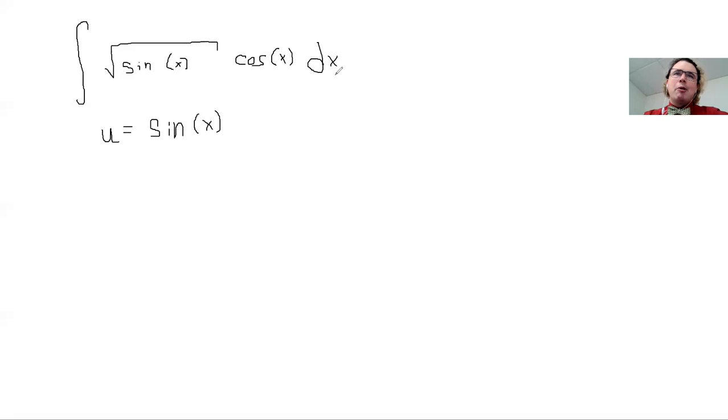It tells us what our variable is supposed to be, but it also carries extra information about how quickly that variable is changing. So to calculate my differential here, if u is equal to sine of x, I would like the exchange rate. When the variable u changes, how much does my variable x change, and vice versa?